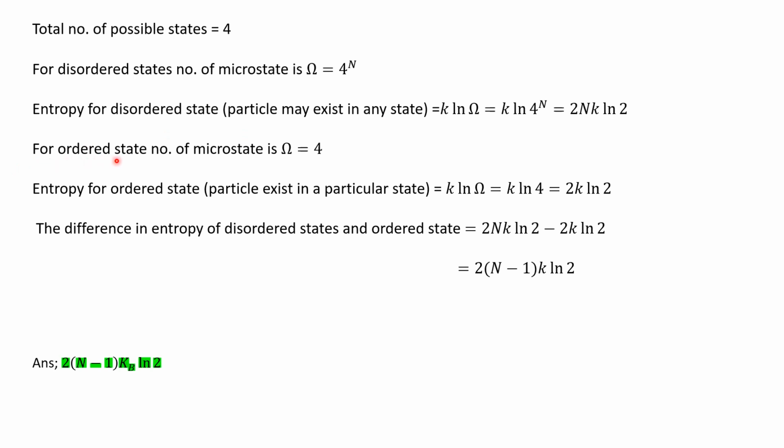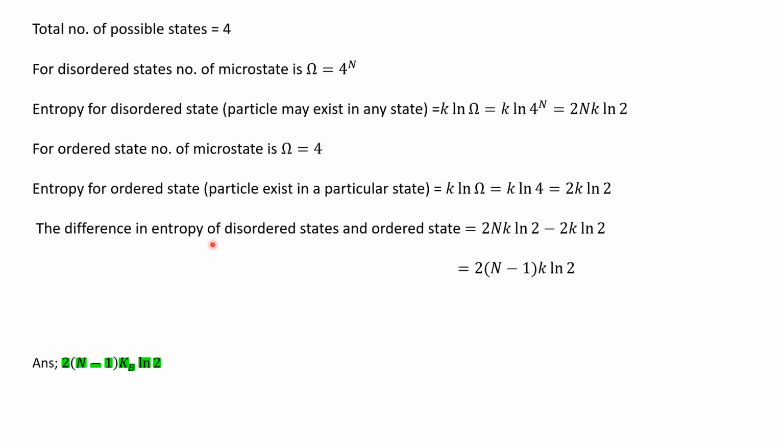Then for the ordered state, the number of microstates will be omega equal to 4. So here the entropy will be equal to k ln omega, where omega is 4, which is equal to 2k ln 2, and here the particle exists in a particular state.